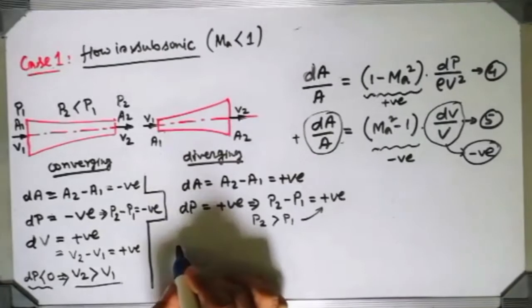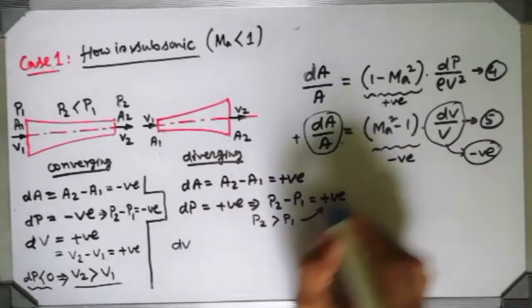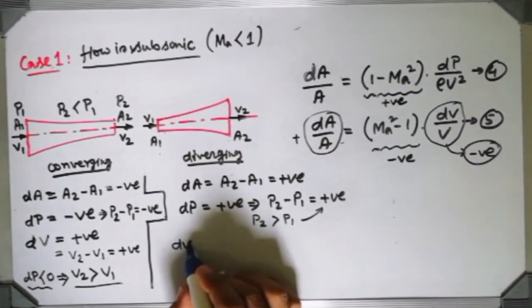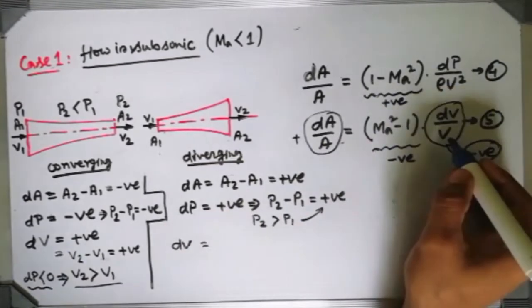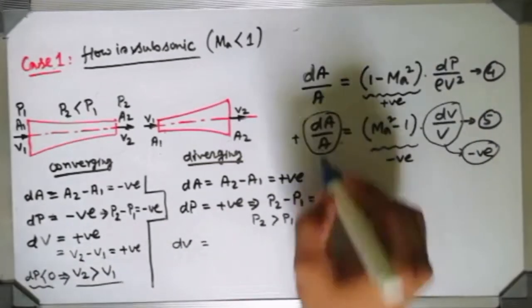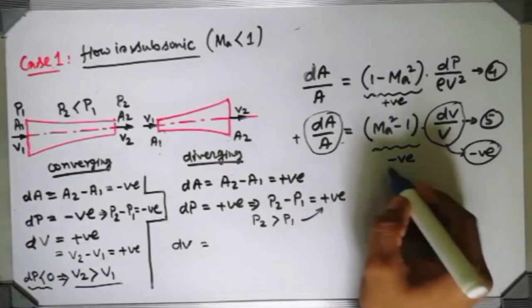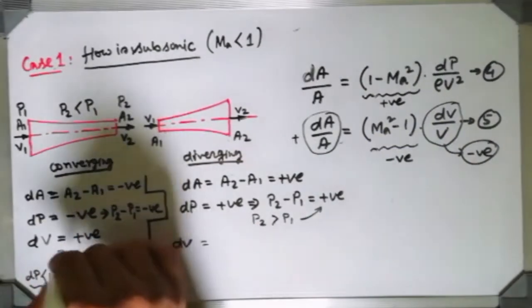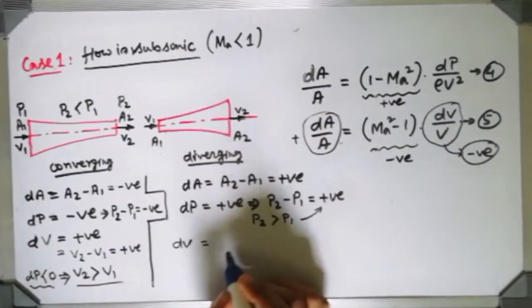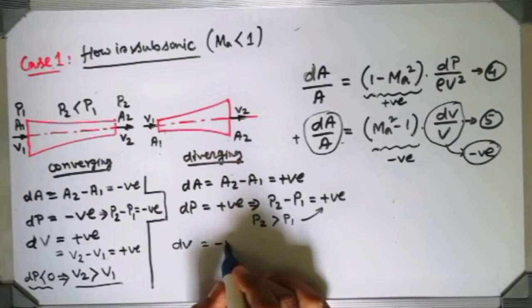Similarly, equation number 5 gives us that dV has the reverse sign of dA. In this case, the same thing: dV will be negative because dA is positive.